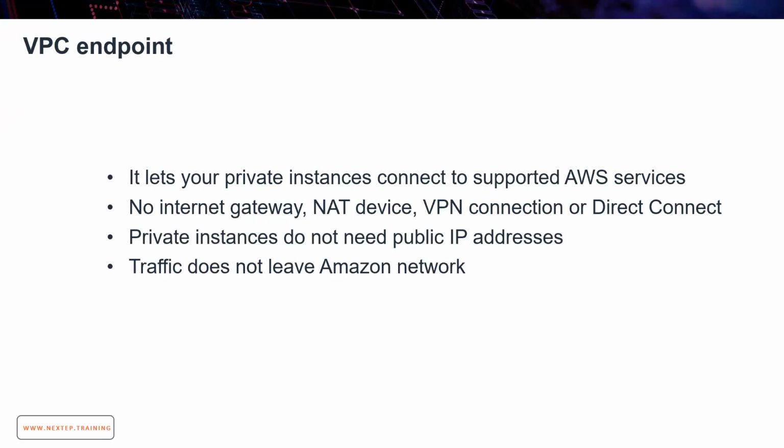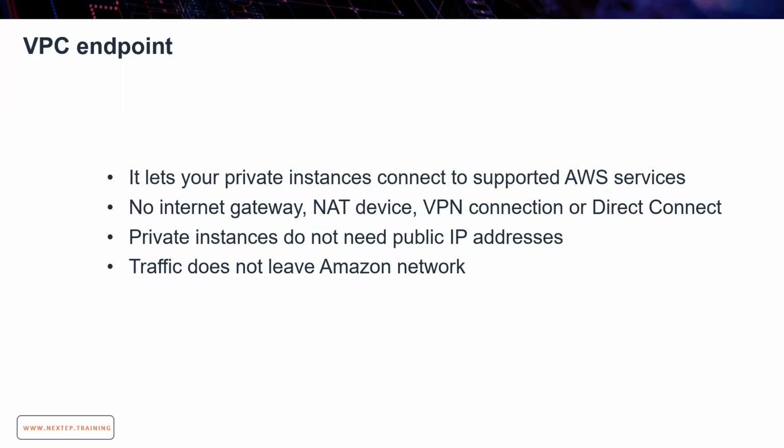Well, you have two options. If you want a one-way internet connection, you can have your NAT gateway in your public subnet, and then update your route tables so that you get the internet connection and are able to connect to your S3. Beautiful. That's one way to skin it. The other way is to use the VPC endpoint. All you need is to connect to some AWS services like S3 or DynamoDB.